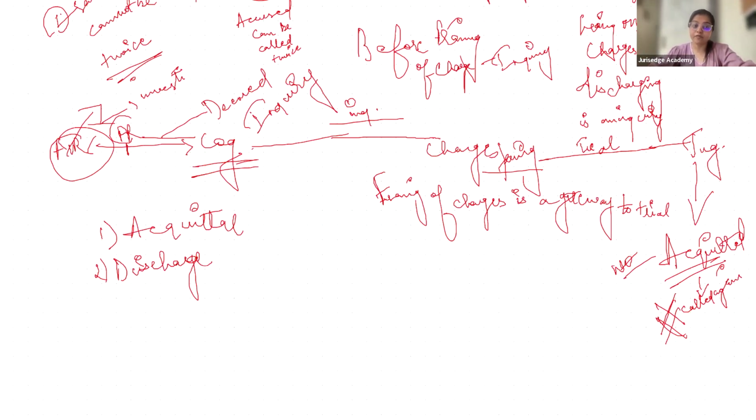But in a full-fledged trial, before framing of the charges, somewhere here the inquiry is going on, and if the magistrate thinks that there is no case against the accused, how can I frame the charges? The accused is discharged.